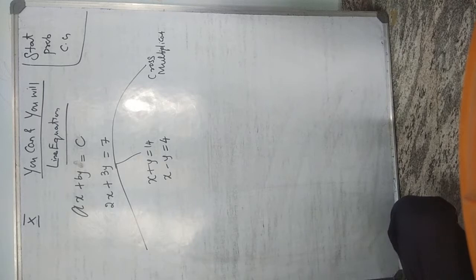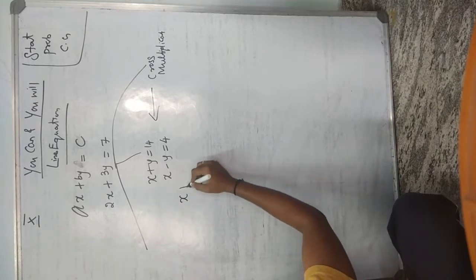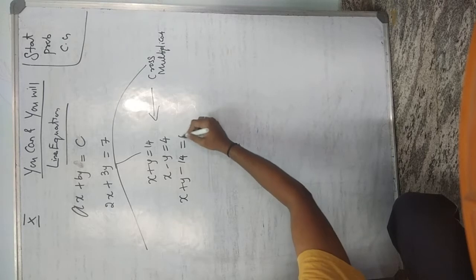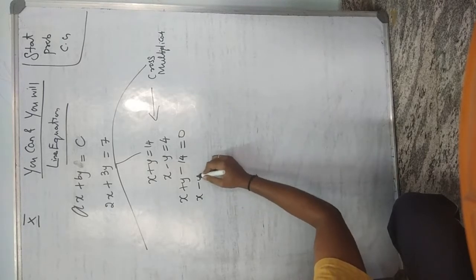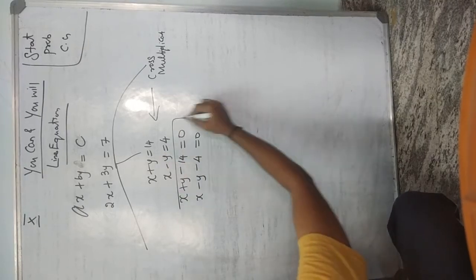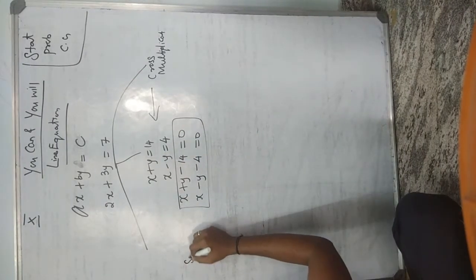So for the cross multiplication method, step number 1, the 14 comes this way now, it will become x plus y minus 14 equal to 0, same concept for all the sums. x minus y minus 4 equal to 0. For all the sums, the right side must be 0. This is your step number 1.